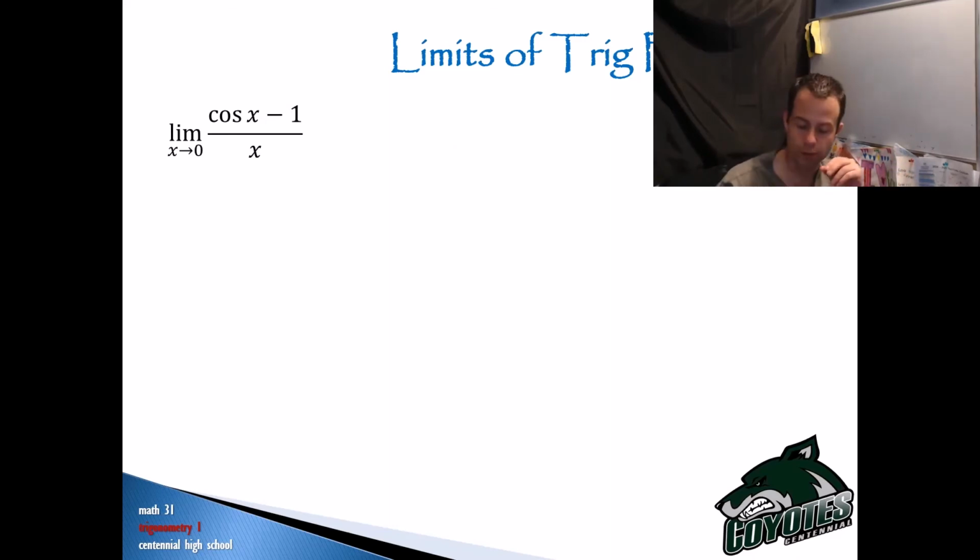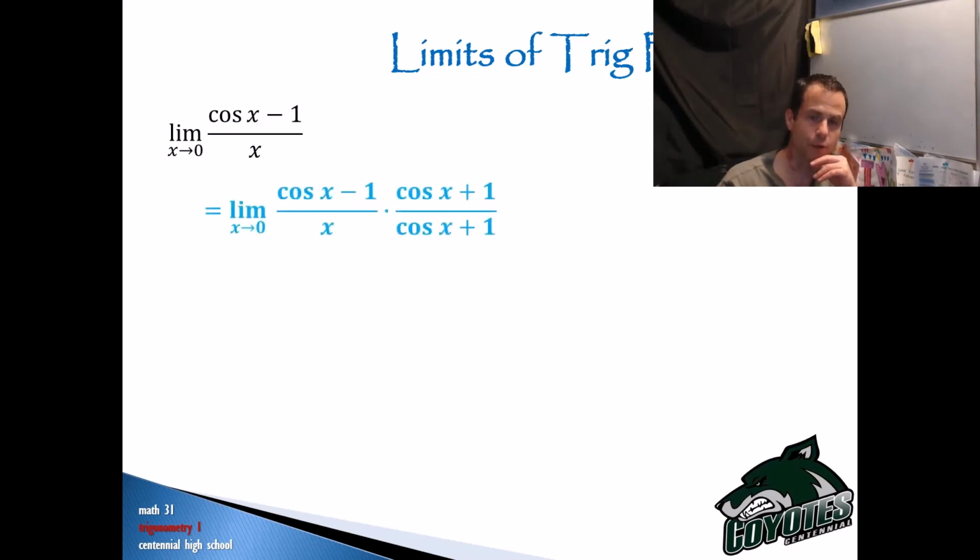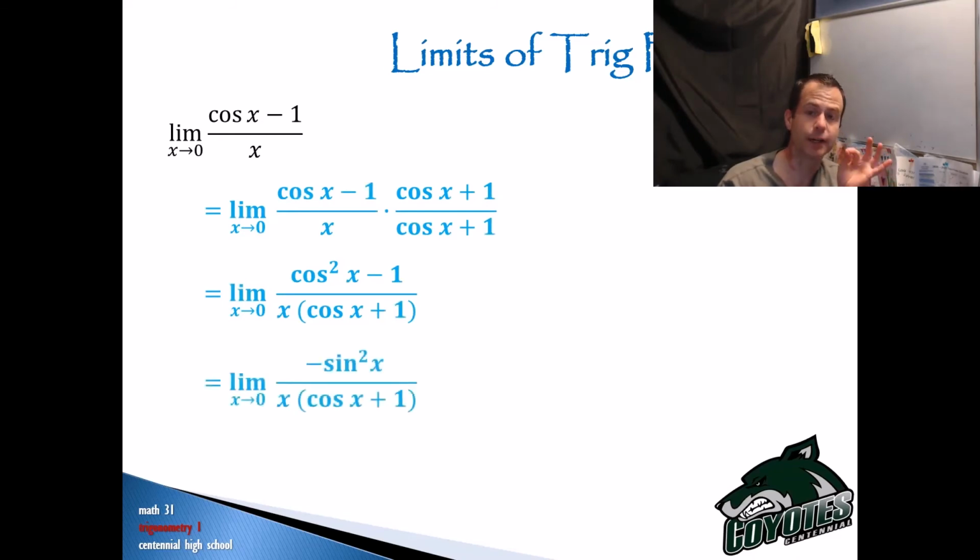Okay, so here I go. I multiplied it by cos x plus 1 over cos x plus 1. That gives me cos squared x minus 1 on top, which I can now change to be negative sine squared x. A reminder, I neglected to talk to you about that negative there.